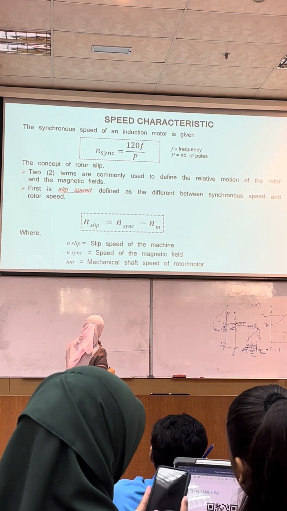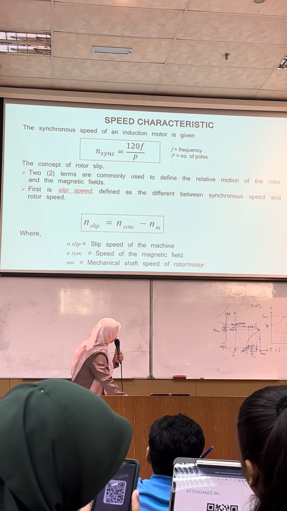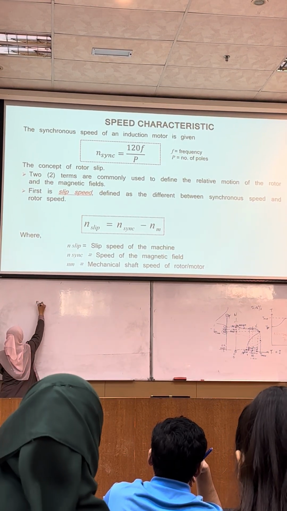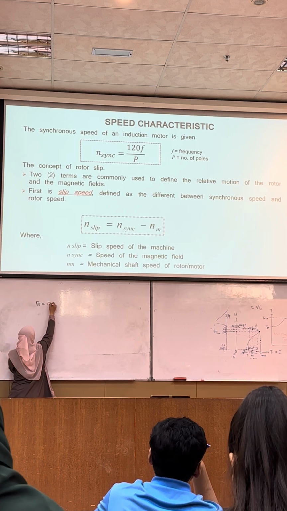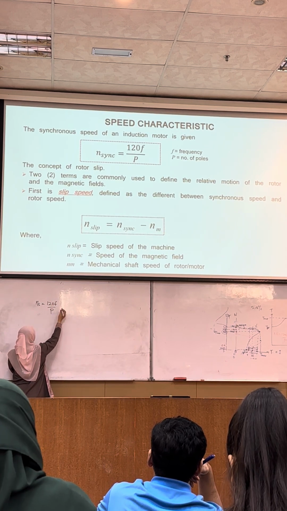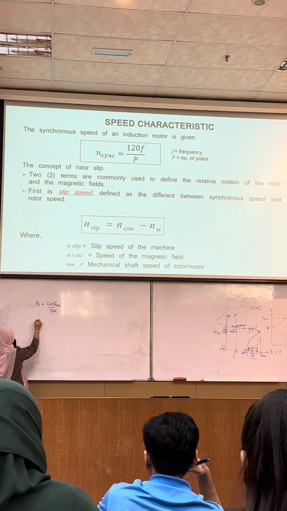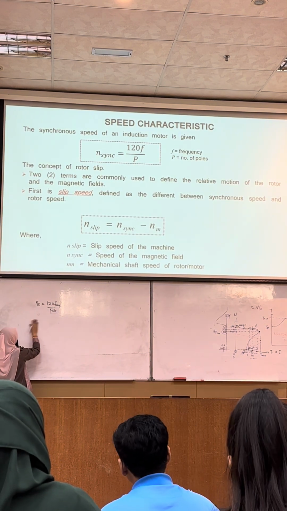Alright, then okay. Previously kita mention pasal slip. Kita ada berapa equation? Kita ada NS = 120 F over P, frequency over poles. Then we have slip tadi.